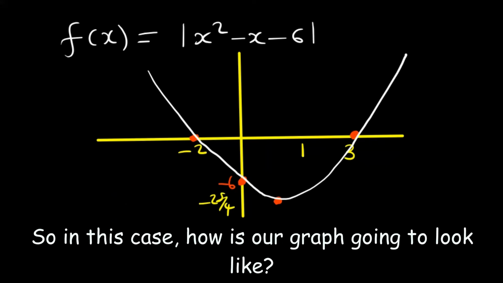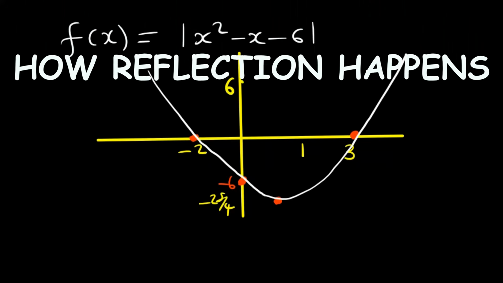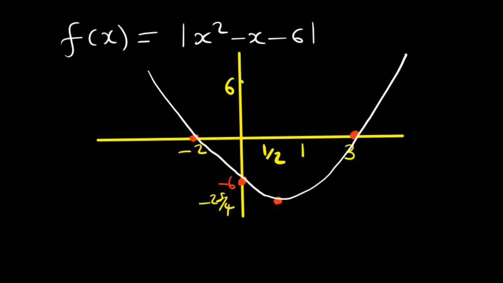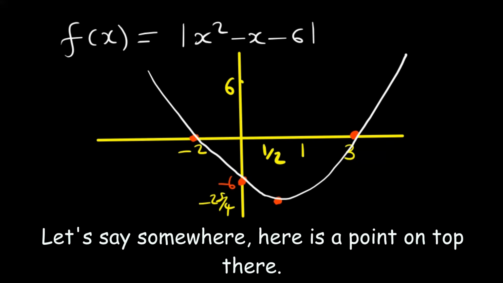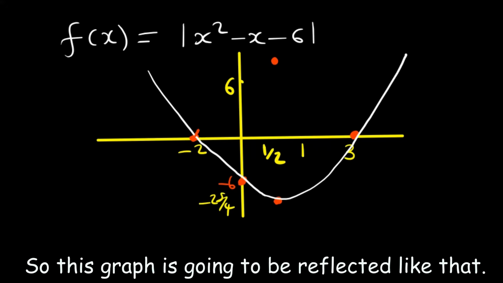So in this case, how is our graph going to look like? This turning point, which is here, we have a 6 here. So we're going to put a 6 again on top here. Then we have this point, half comma negative 25 over 4, somewhere here, a point on top there. So this graph is going to be reflected like that.